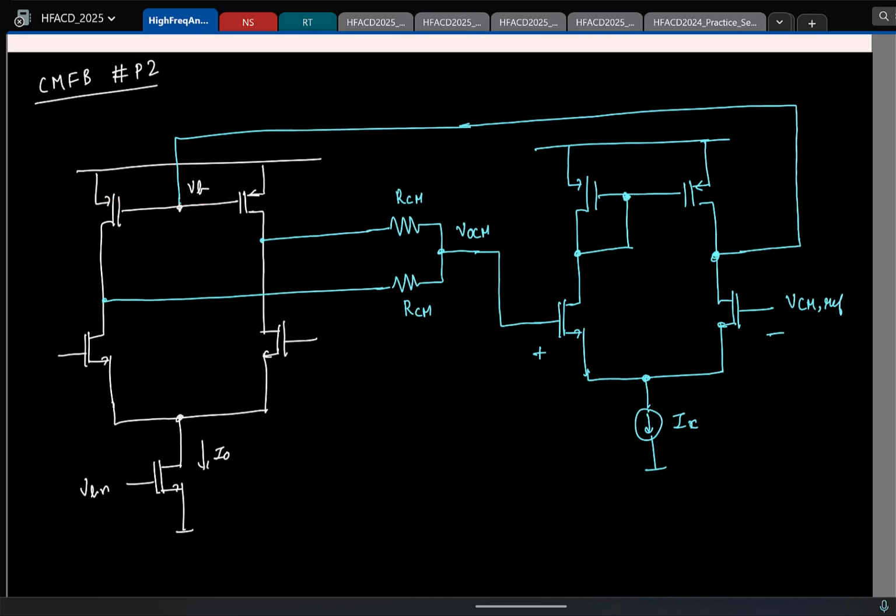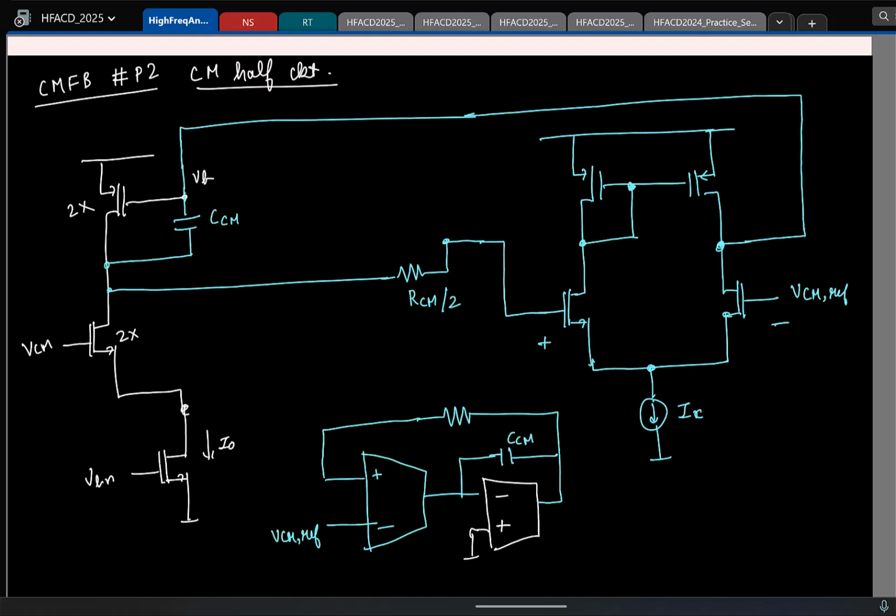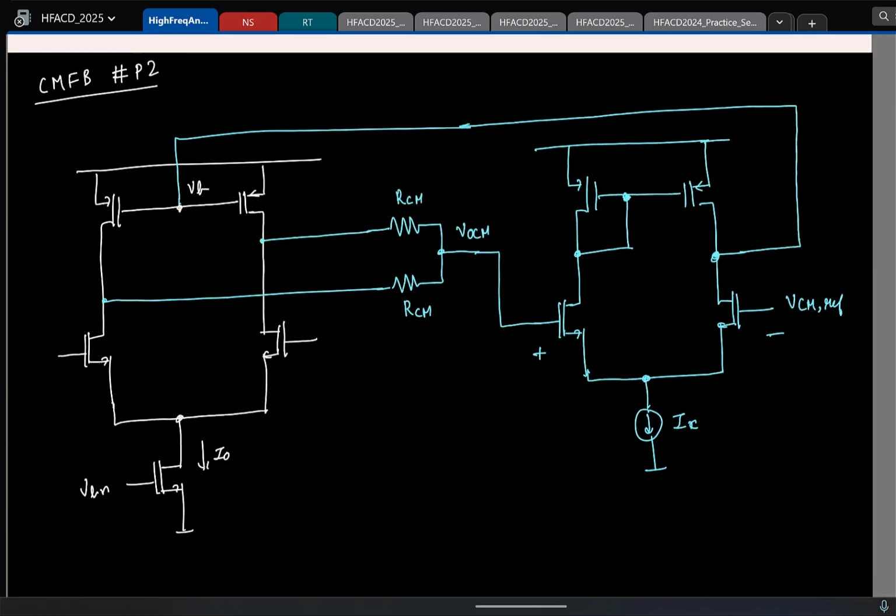You have to put 2 capacitors. What value? Double or half? Half, right? So here I should put a capacitor with half the value. Because then if you fold this two and put in parallel, CCM by 2 times of it comes in parallel to get CC.